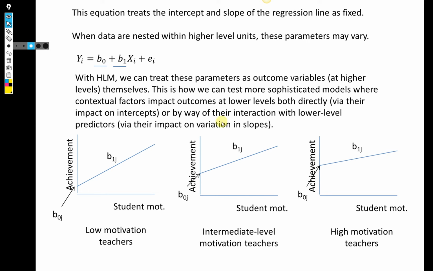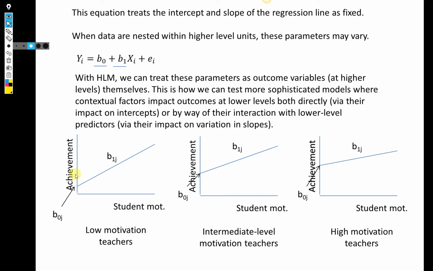Basically the intercept is an adjusted mean. So in other words, it's the mean on achievement adjusted for the presence of our predictor in the model. So you could look at these as essentially adjusted classroom or teacher means. And so you can see that among low motivation teachers, you would expect the intercept for achievement to be lower than the intercept for intermediate or high motivation teachers.